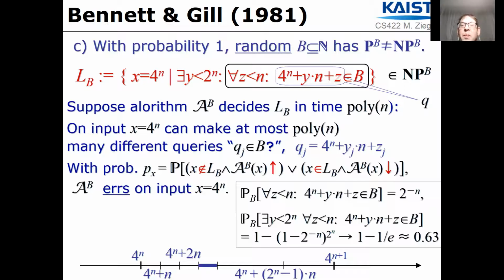Of course, the probability will depend on the algorithm, right? Consider, for example, an algorithm which always accepts. It doesn't even look at the oracle. Then the probability for this algorithm to accept here is 1, whereas the probability for this algorithm to reject is 0.